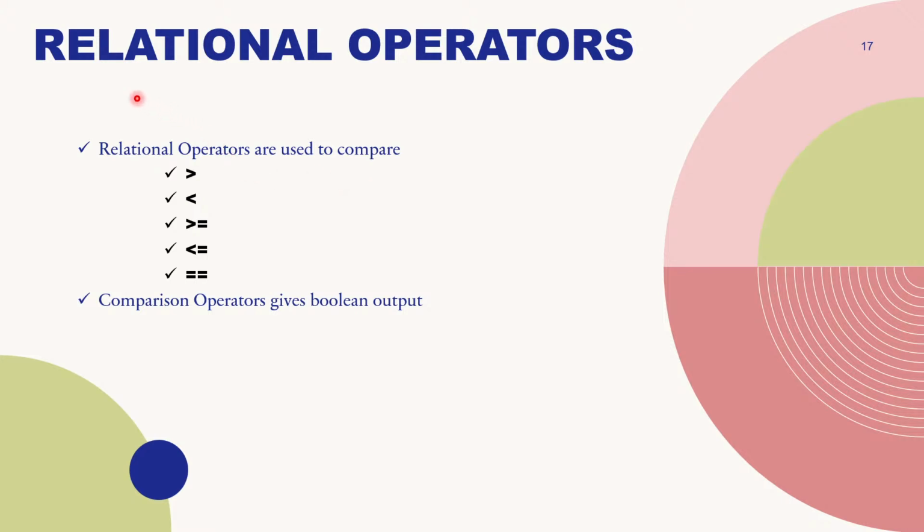Move on to other operators, guys. In binary operators, there is an operator called relational operators. Okay. Relational operators, guys. Another type is relational operators.